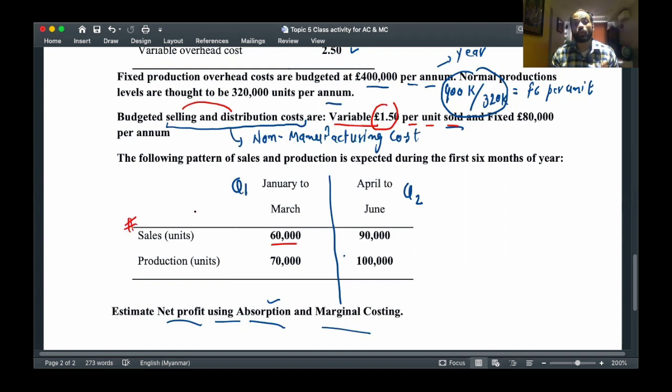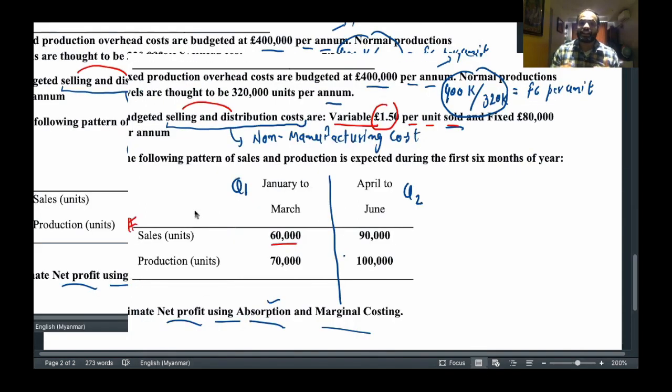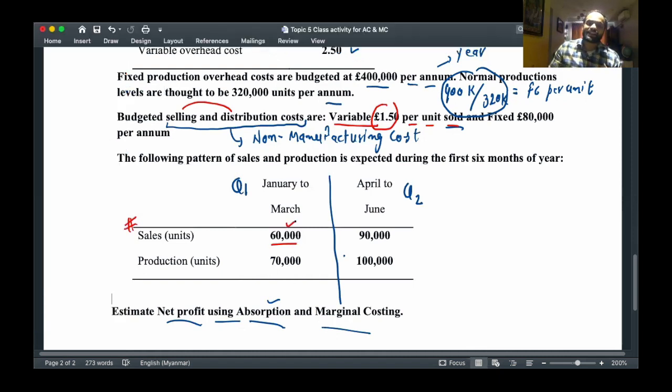If you want to sell more units, your selling and distribution cost will increase. So that's why this is 1.50 per unit sold. So we multiply by 60,000, not by 70,000. All right. So make sure, be careful about it.